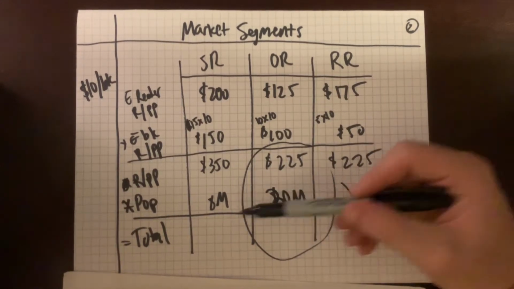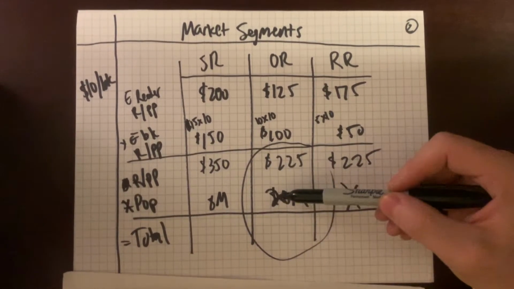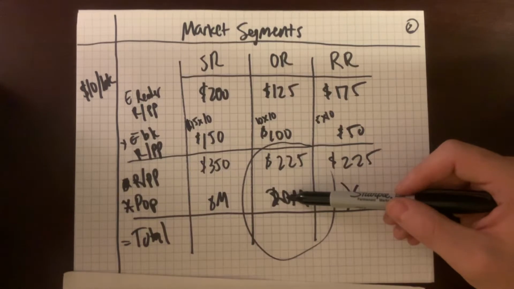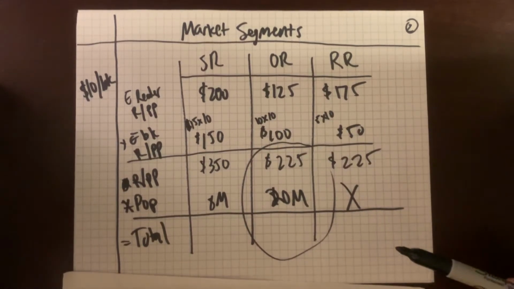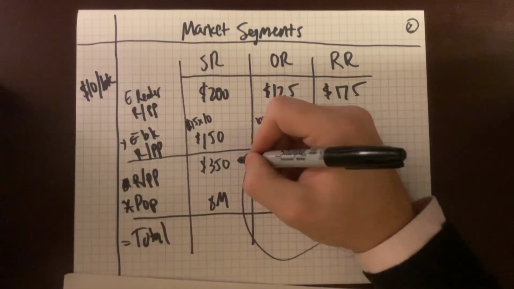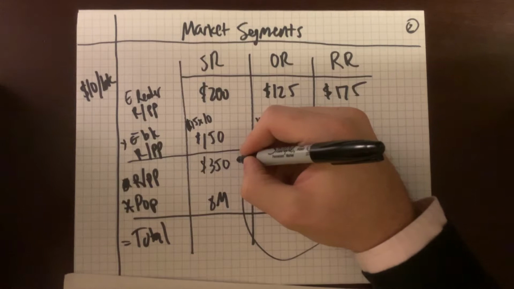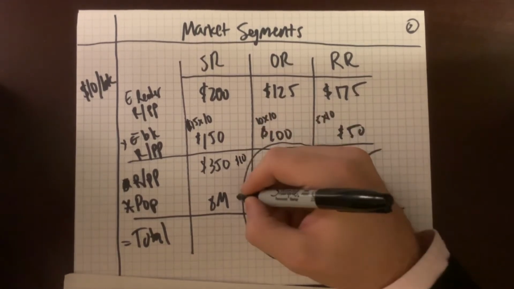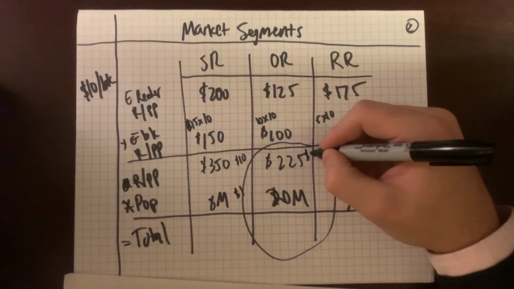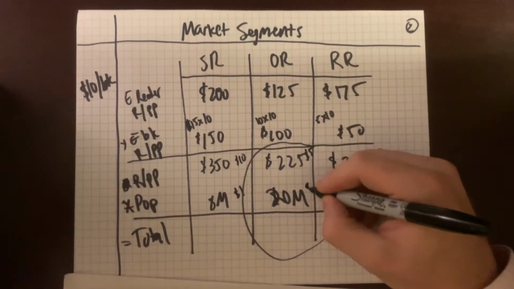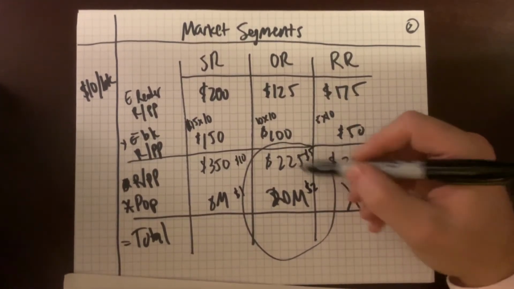I can say, well, if this was 10 million and this was 20 million, then if this was double this, then we would have the same amount, right? To give you an example, let's say this was $10 and this was $1 and this was $5 and this is $2, right?